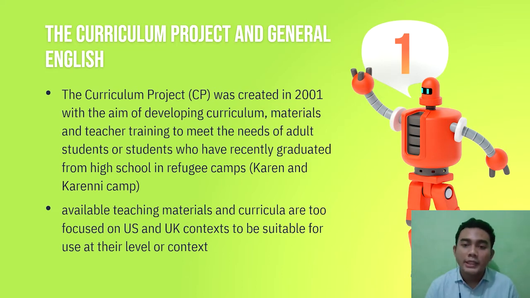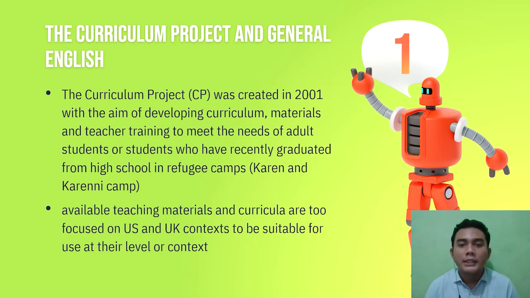The Curriculum Project, or we can call it CP, was created in 2001 with the aim of developing curriculum materials and teacher training to meet the needs of adult students who had recently graduated from high school in refugee camps, in the Karen and Karenni camps. The availability of teaching materials and curricula there focused on the US and UK, as we discussed before, because it is not suitable for their level and their context.